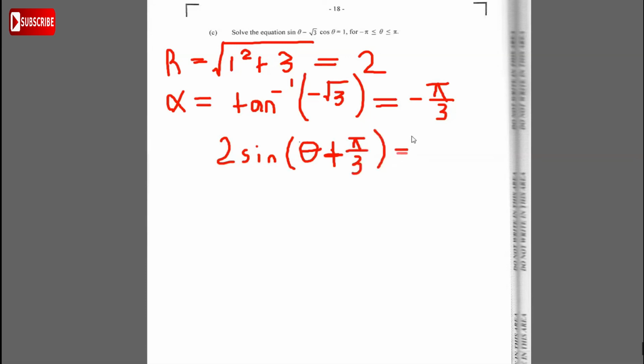Then I divide through by 2 to get that the sine of theta plus pi by 3 is equal to 1 divided by 2, and 1 divided by 2 is a half. So now this is what I'm solving: the sine of theta plus pi by 3 equal to a half.